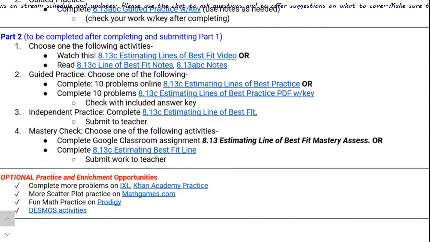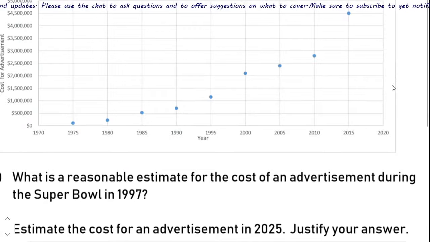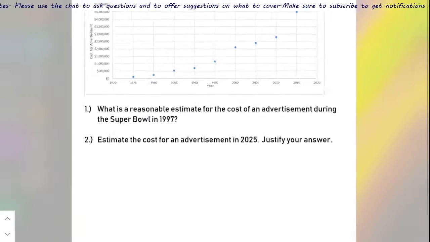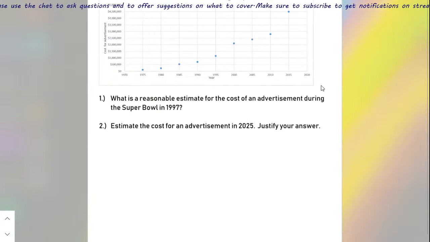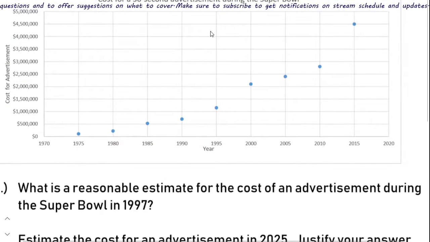So today I have the guided practice up, and I felt like we could go through some of those. I'm going to pull this back just a little bit. Okay, so with line of best fit, you want to try to have as many points above and below the line.